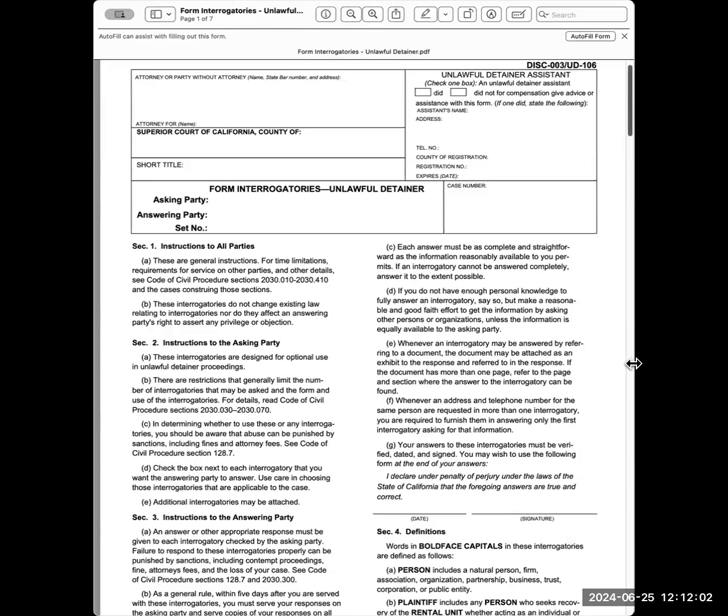If you receive discovery requests from the opposing counsel, including form interrogatories, special interrogatories, requests for admissions, requests for production of documents, you should immediately request an extension of 2 weeks because otherwise you only get 5 calendar days to respond.